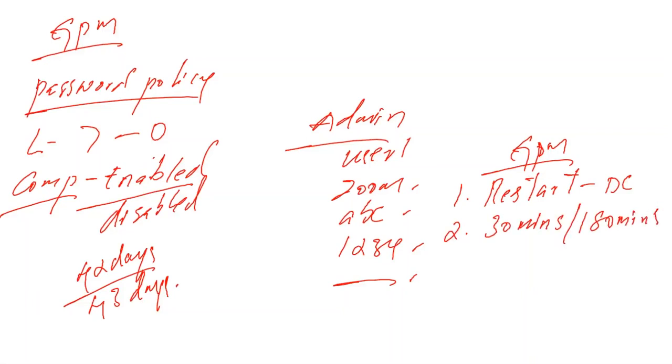Okay, then it will update. So which option is best? Restart is best, or waiting half an hour is best here? I don't know, sir, what is GP update. So two options are there, restart and wait for half an hour. Which is the best one in real time when you're working as an administrator?